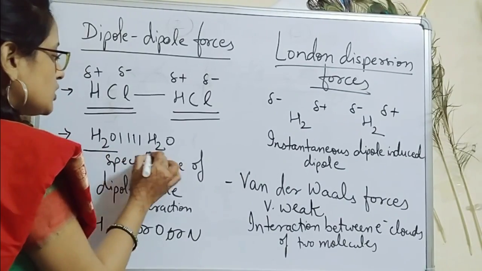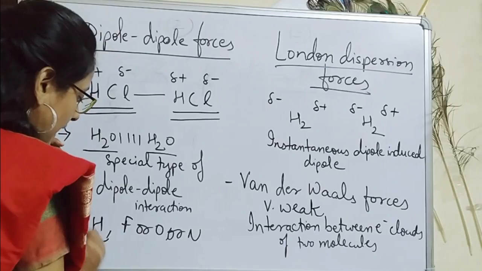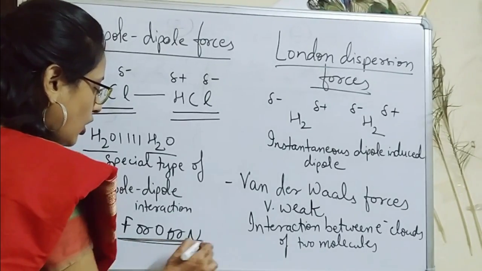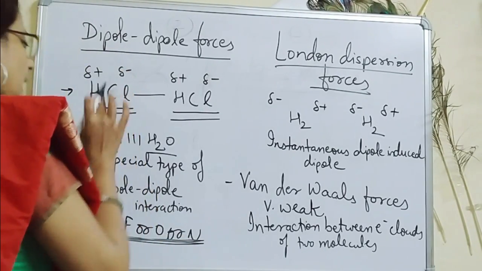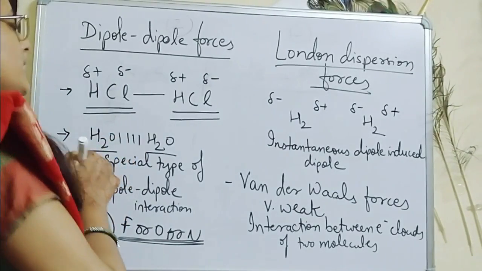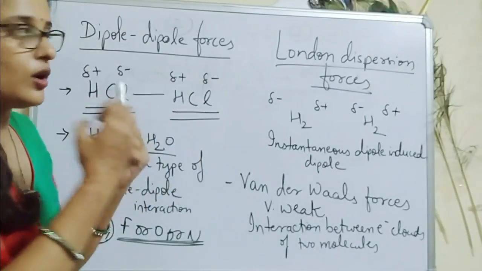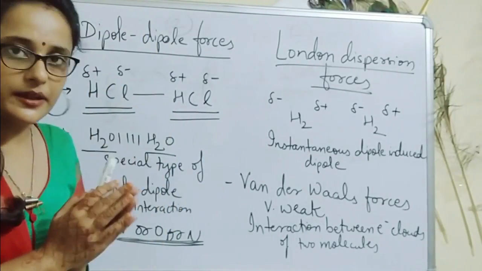So the molecules involved in the formation of hydrogen bond should have hydrogen along with any one of these atoms. So hydrogen bond is a special type of dipole-dipole interaction. But the interaction between any two dipoles, any two molecules which are dipoles, is called dipole-dipole interaction.